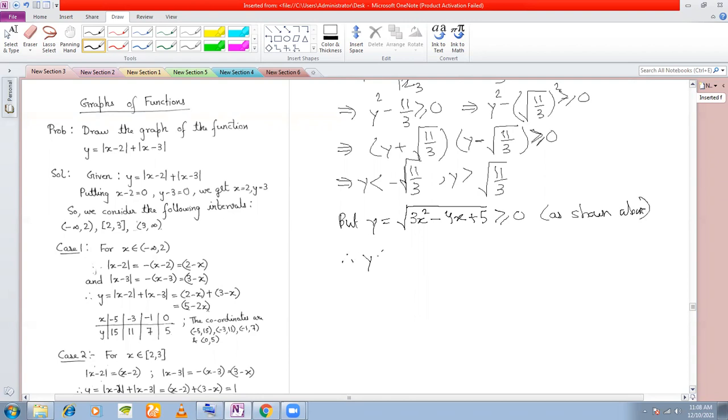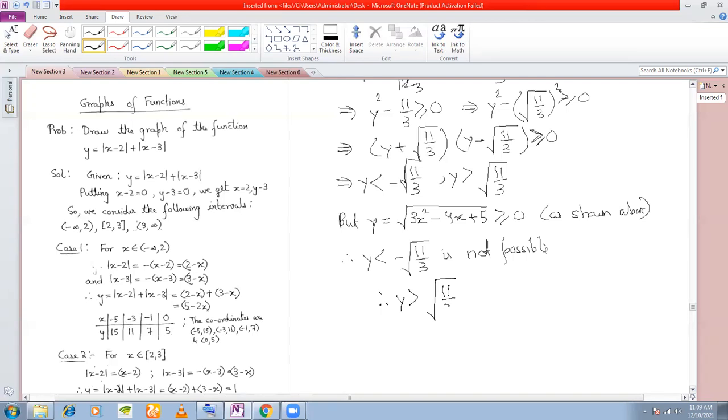Therefore, y less than a negative number is not possible. Hence, y must be greater than or equal to root 11 by 3.